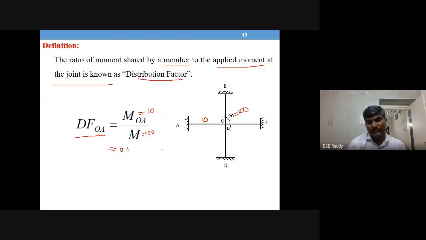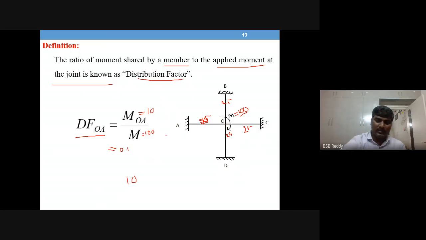So this is how we define distribution factor. But the total distribution factor should be 1, right? If you add all the quantities shared by each member, for example, if all are similar in nature, I'll just take 25 each. They are sharing the moment 100 applied in 4 equal parts.